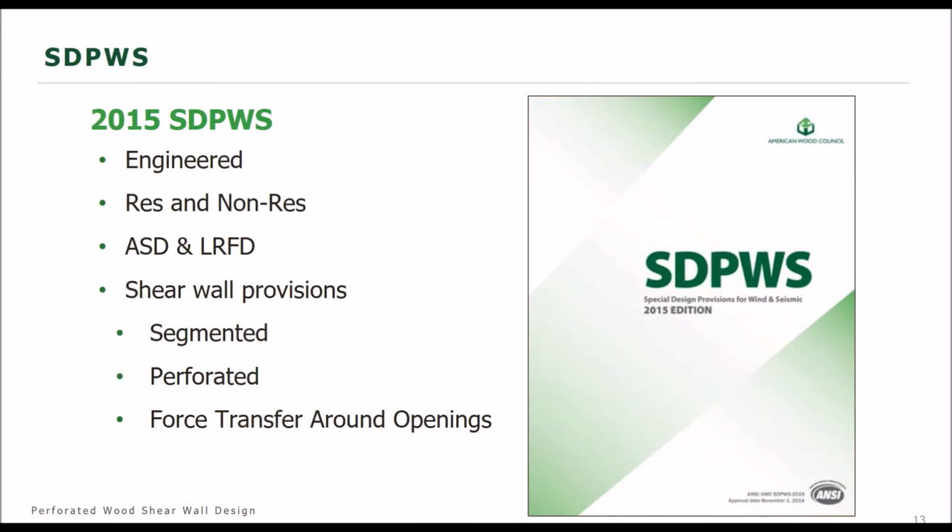And then SPDWS has an additional option that is not offered in the Wood Frame Construction Manual, and that is force transfer around openings, or FTAO. So the WFCM only offers segmented and perforated shear wall designs, whereas the special design provisions for wind and seismic will give you those two options as well as the third option of force transfer around openings.